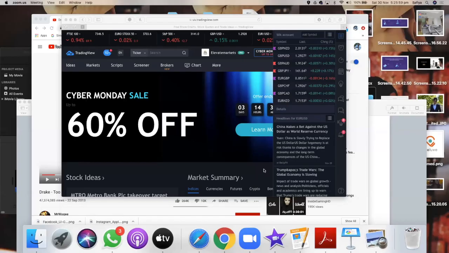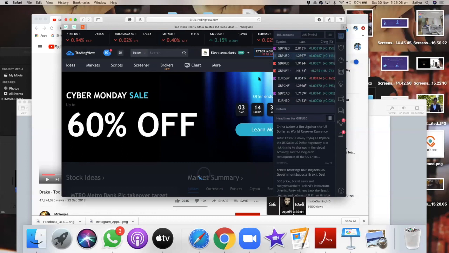Okay, so now let's identify some traps so you can see exactly what I mean. Okay, so I'm sharing my desktop with you. Let's go to Pound USD.